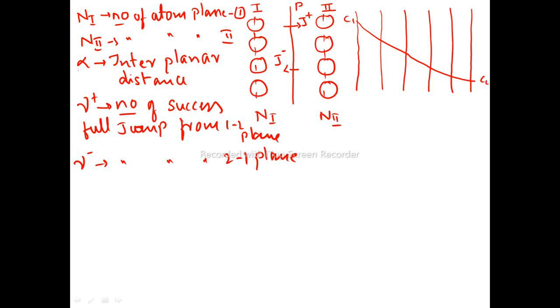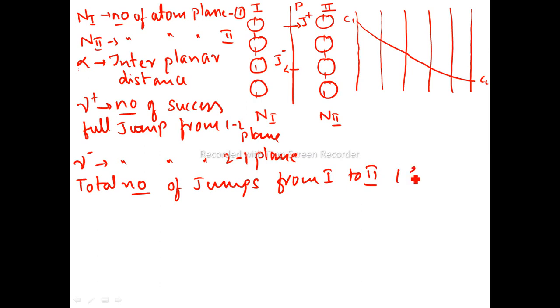The total number of jumps can be obtained. The total number of jumps from 1 to 2 per unit time is given by N1 into gamma plus, the number of atoms into its frequency.